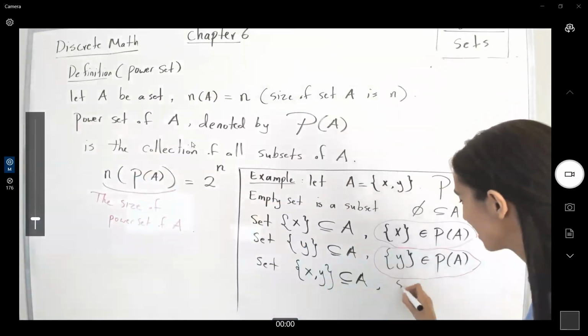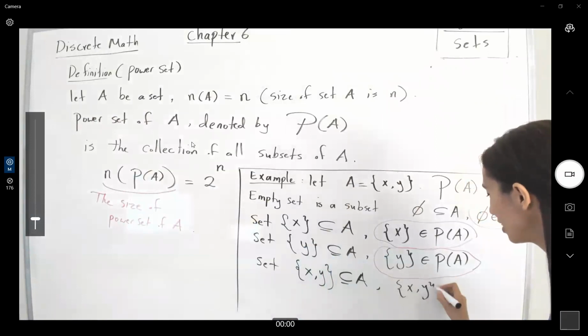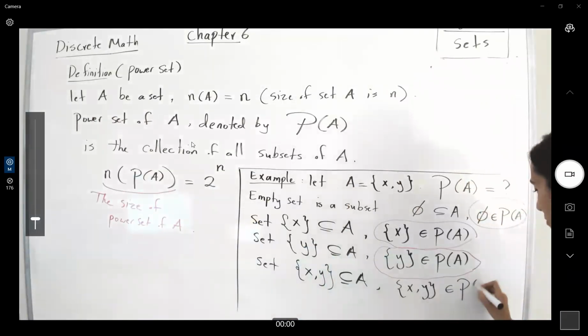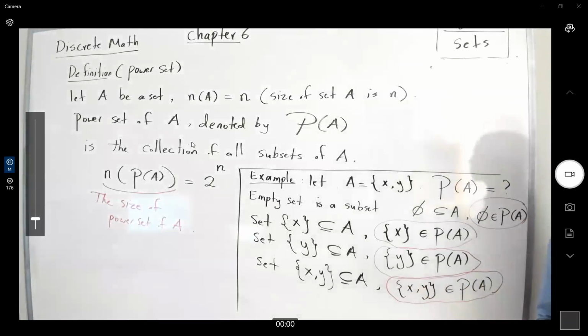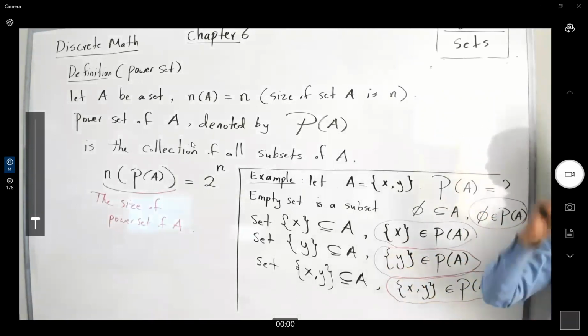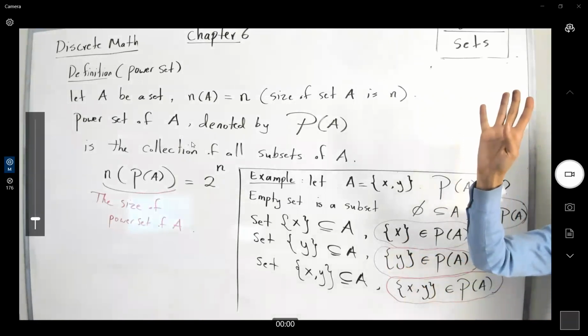It means that the set including X and Y is a member of power set of A. Okay, as you can see, we found all members of power set of A. Power set of A includes empty set, set including X, set including Y, and set including X and Y. So it has 4 members.